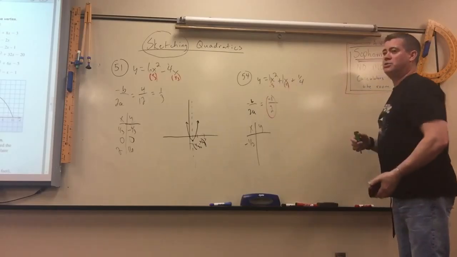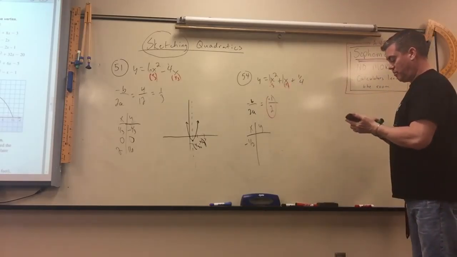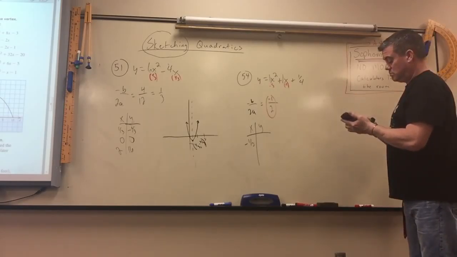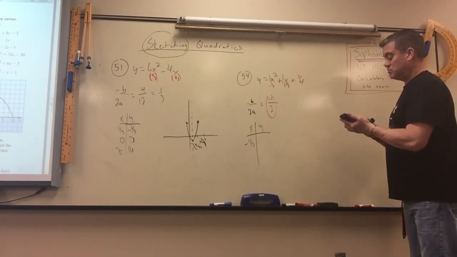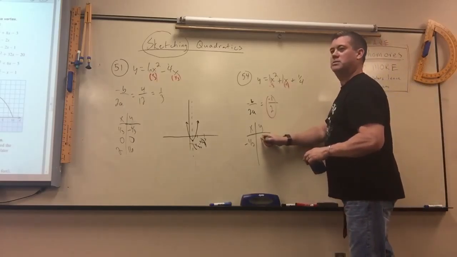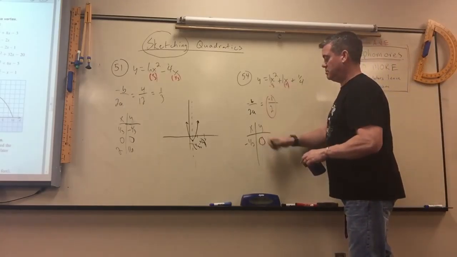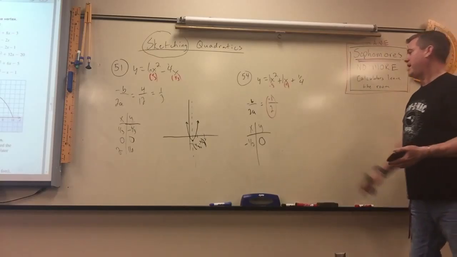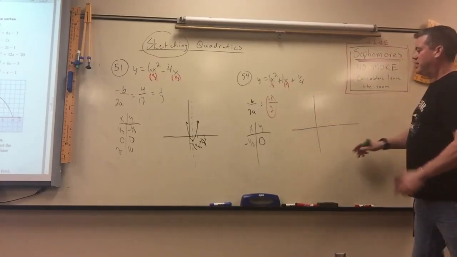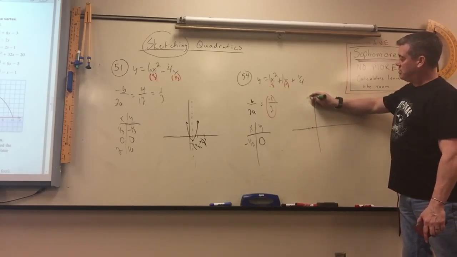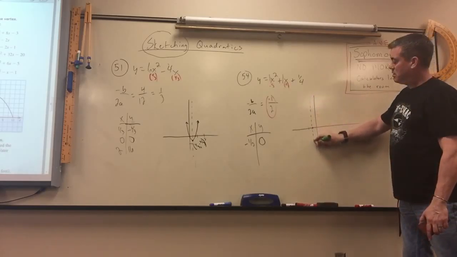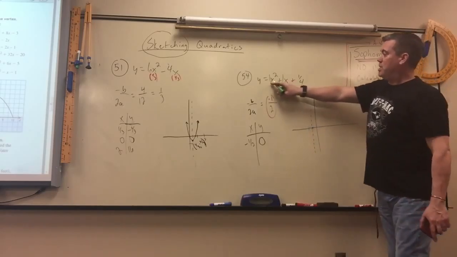And 1/2, you could just use 0.5. You get 0. So at negative 1/2 over 0 up is your vertex. And it is going to open up because it's positive.